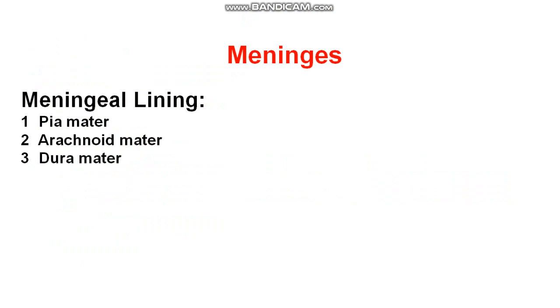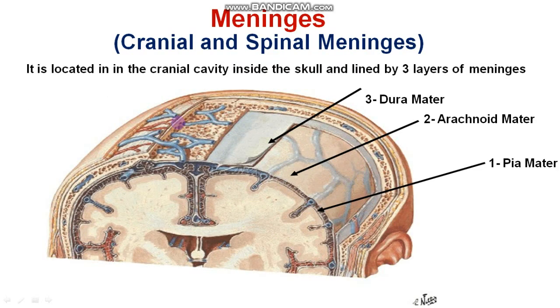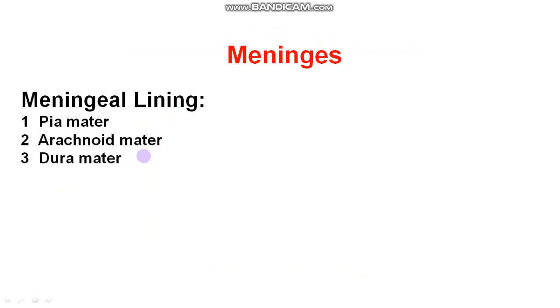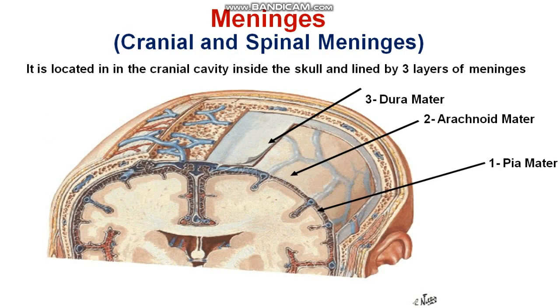Meninges that are covering, or you can say lining, the brain are pia mater, arachnoid mater, dura mater. Here we can see the arrangement of these meninges in relation to the brain from inside to outside. This is the brain, and we can clearly make out the difference between the white matter, this is the white matter, and the dark one is the gray matter.